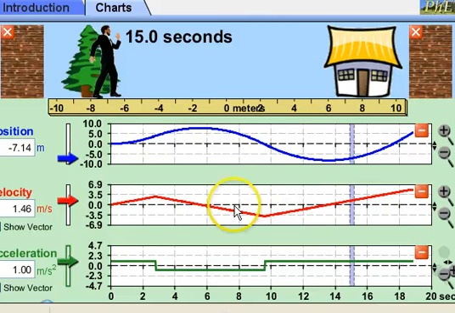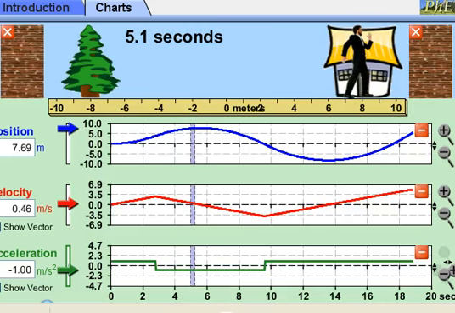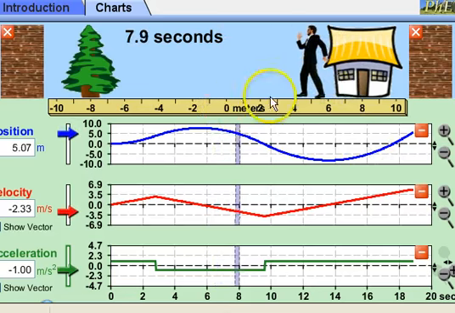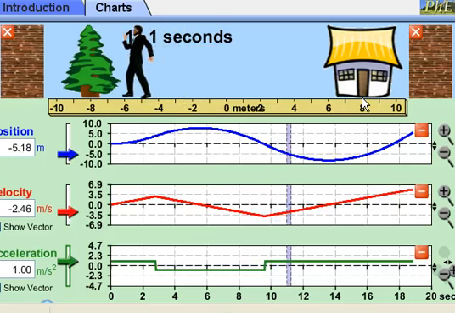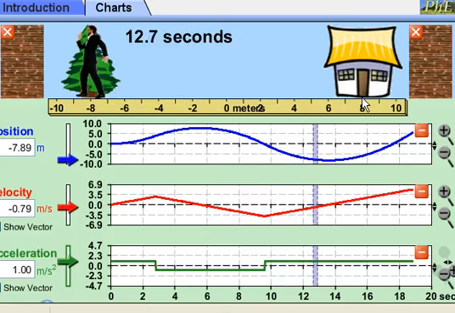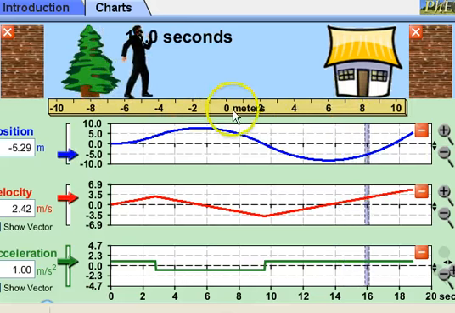One problem that's always tricky is figuring out what's his greatest distance from the origin. Notice how when he was over here, he's heading away from the origin right about at 8 meters. That's as far as he got in this direction. But as he heads over to the other direction, when he reaches that minimum, little bit past, like maybe 8.5 meters, and then comes back the other direction.